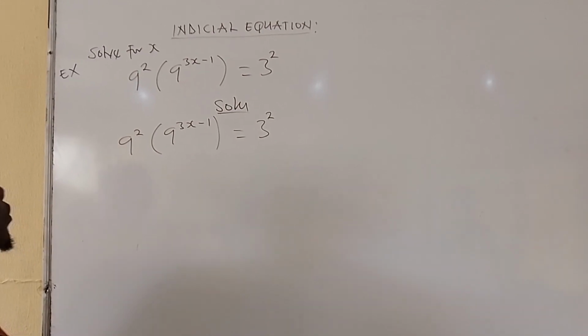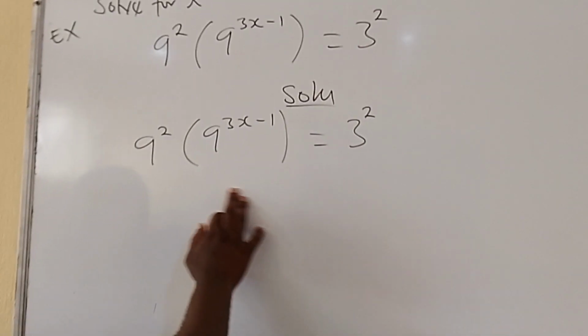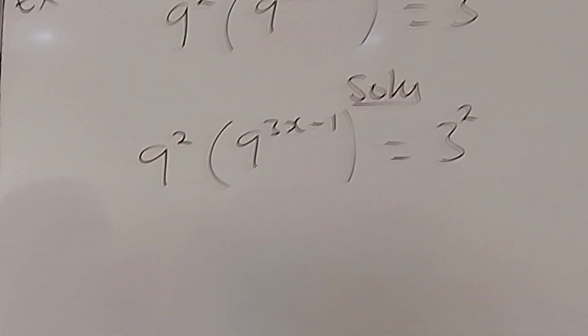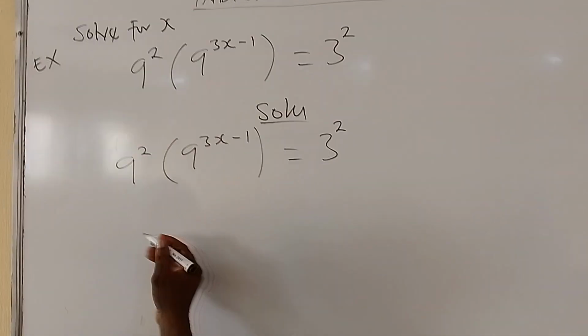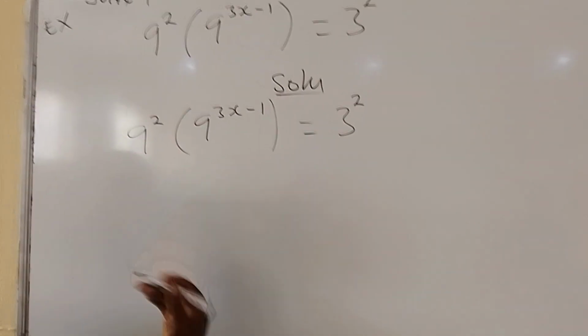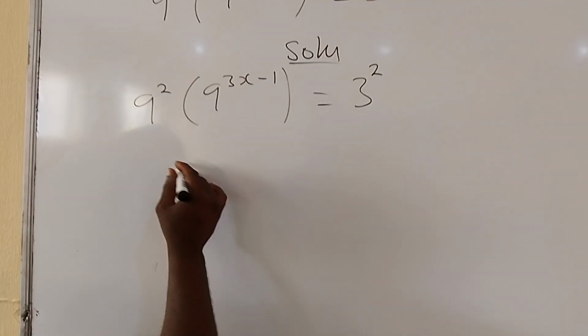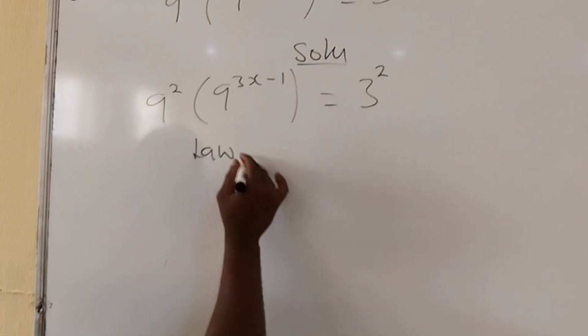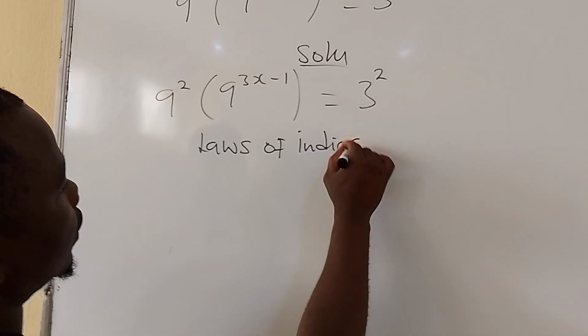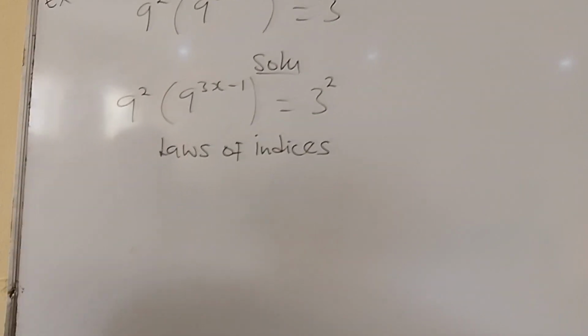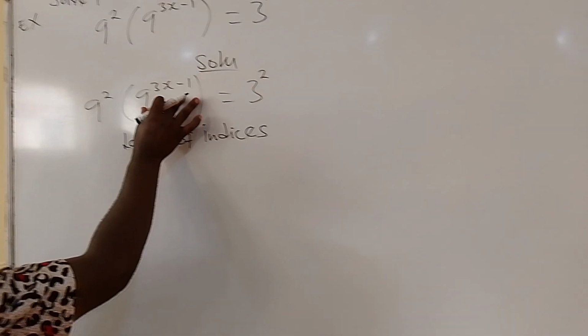Before I solve this, what I want us to know is that you are going to apply the laws of indices here. Let's recall the laws of indices. Because of this, I want to introduce the division law.